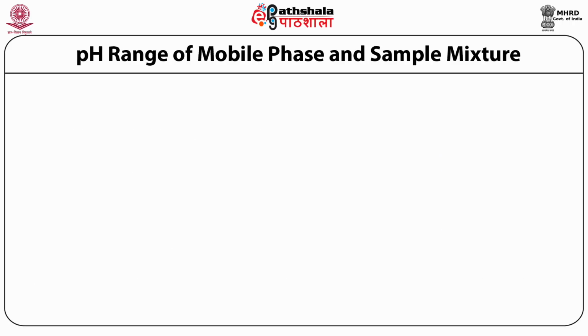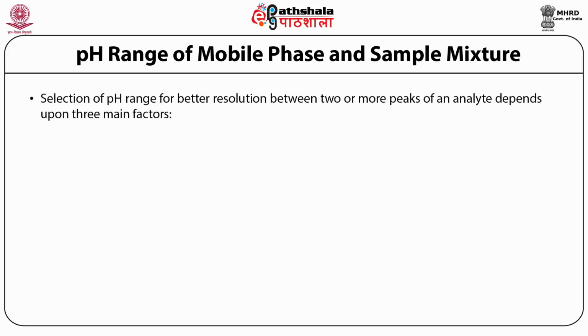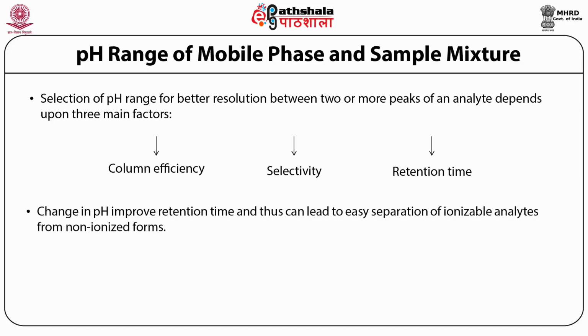pH range of mobile phase and sample mixture. The selection of pH range for better resolution between two or more peaks of an analyte depends upon three factors: column efficiency, selectivity, and retention time. Change in pH improves the retention time and thus can lead to easy separation of ionizable analytes from the non-ionized analytes.